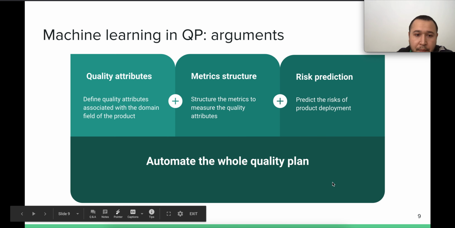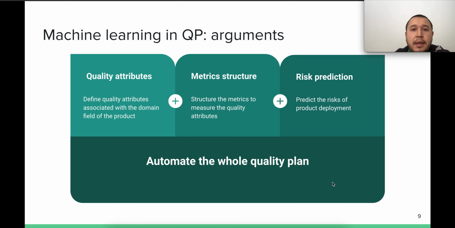Okay, so in our current topic, I would like to suggest the application of machine learning in quality planning in three steps, right? The first phase should be defining quality attributes associated with the domain field of the product.